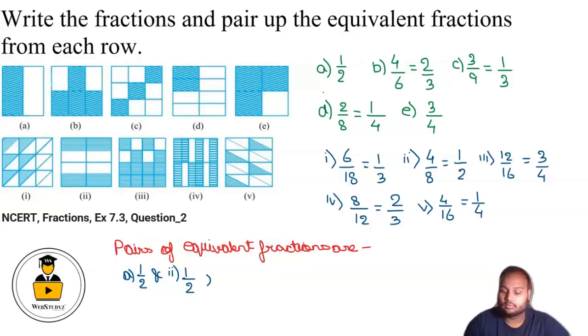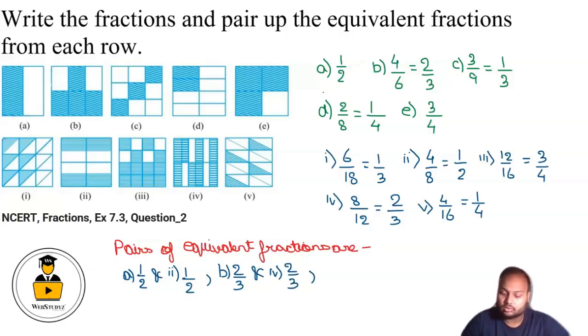This is the first pair. Second pair, from the B part we have 2 by 3, and from the below row we have the fourth part, which is also 2 by 3. This is the second pair we get.